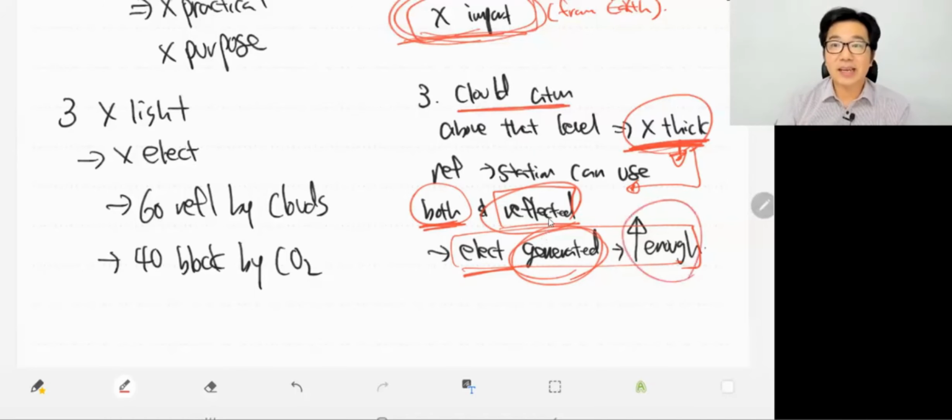Okay, generate enough electricity from enough light sources to live.